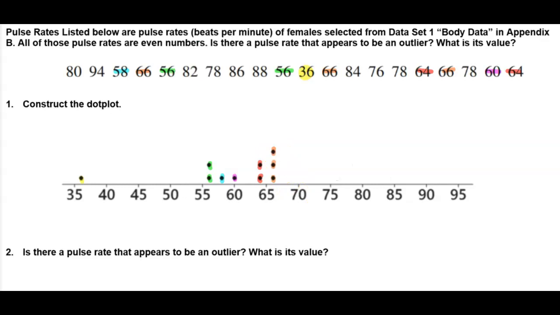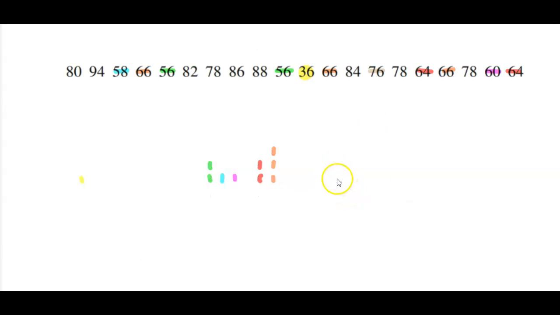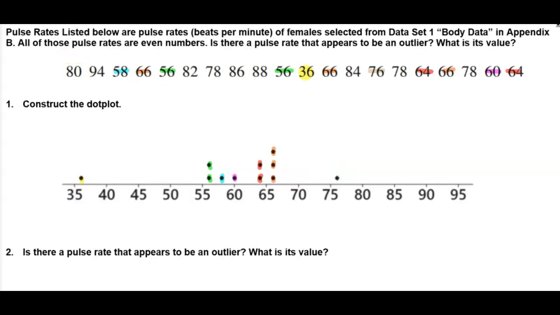Okay. Next, after 66, we have 76. There's one 76. So outside of 75, we have another dot which represents 76 there. And then next, after that, we have 1, 2, 3 78s.